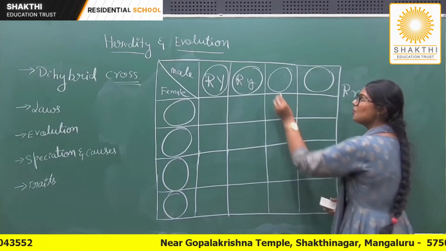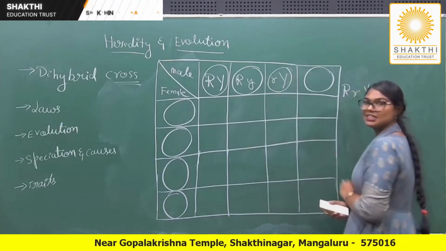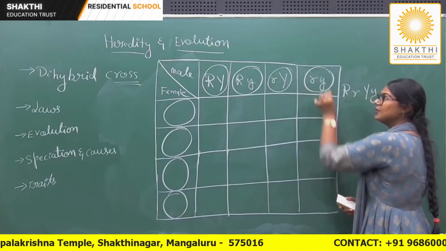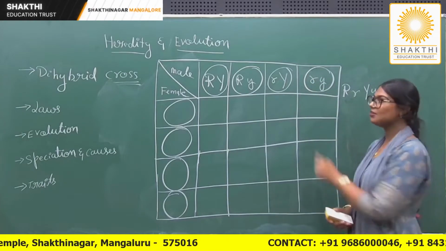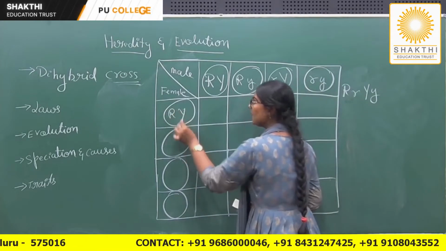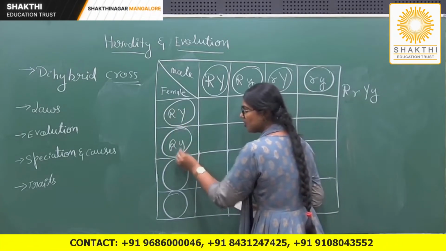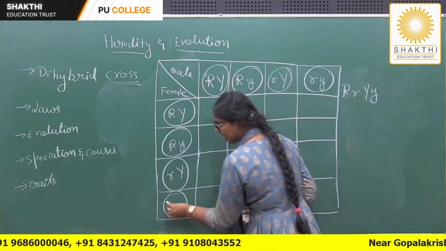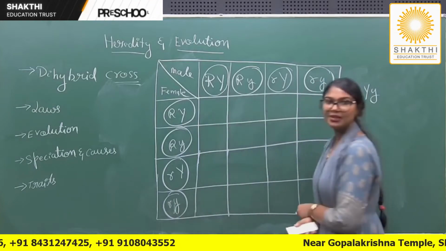Third box, one will be small, the second one capital, and the fourth box, both of them will be small. Same thing we are going to copy down here: capital R, capital Y, capital R, small y, small r, capital Y, small r and small y.